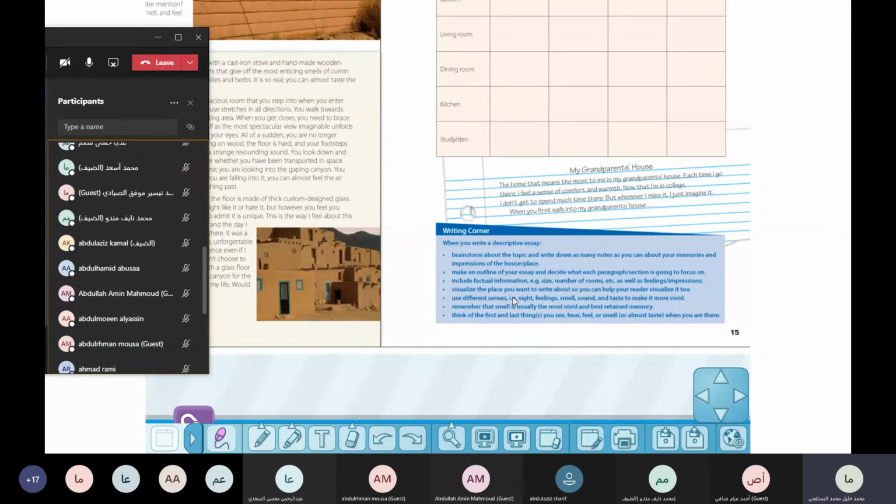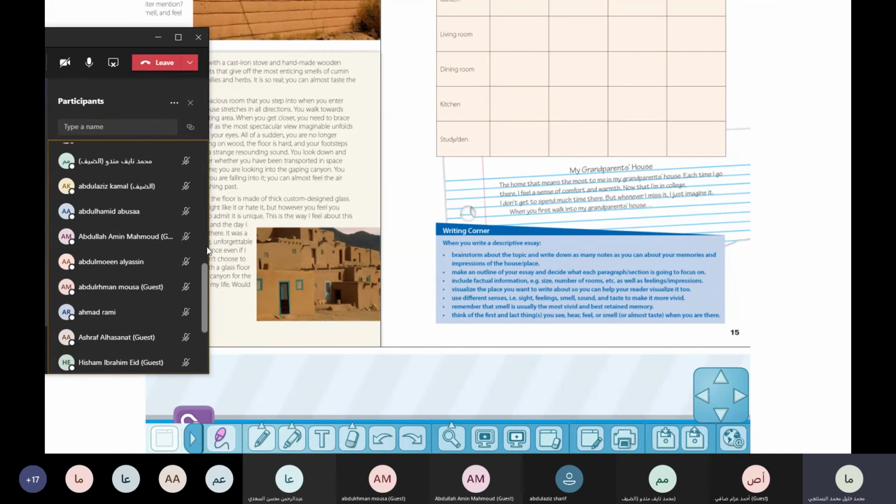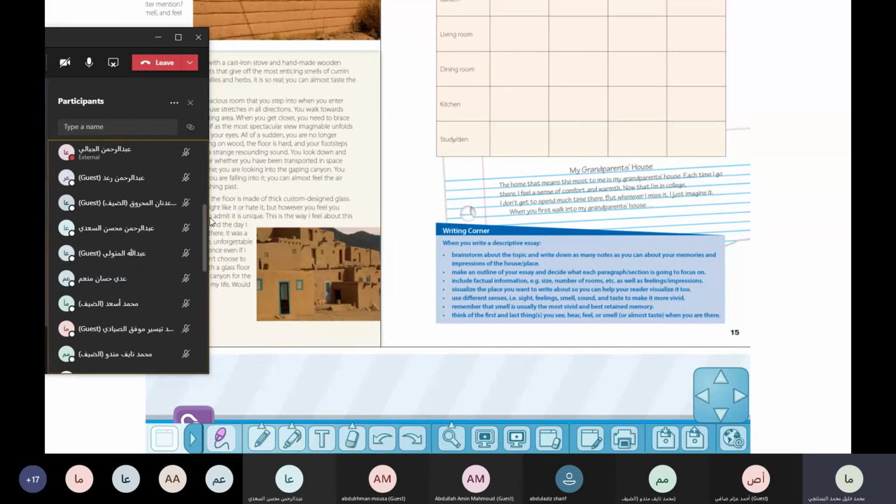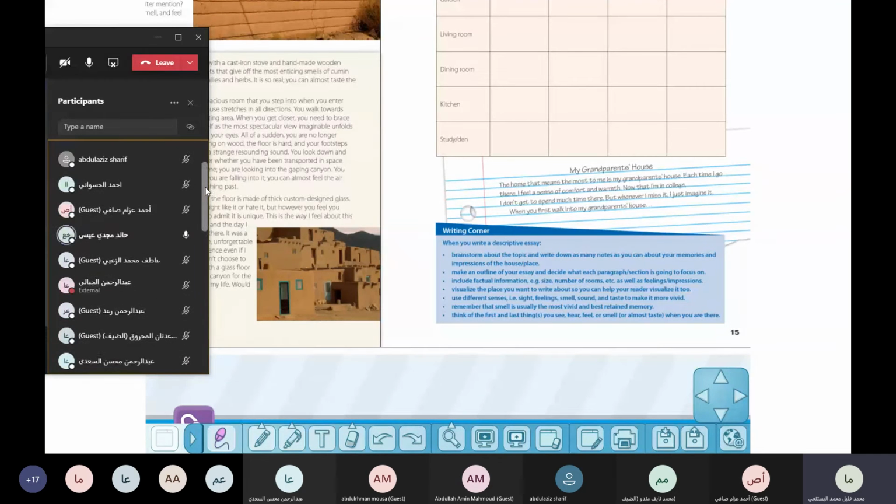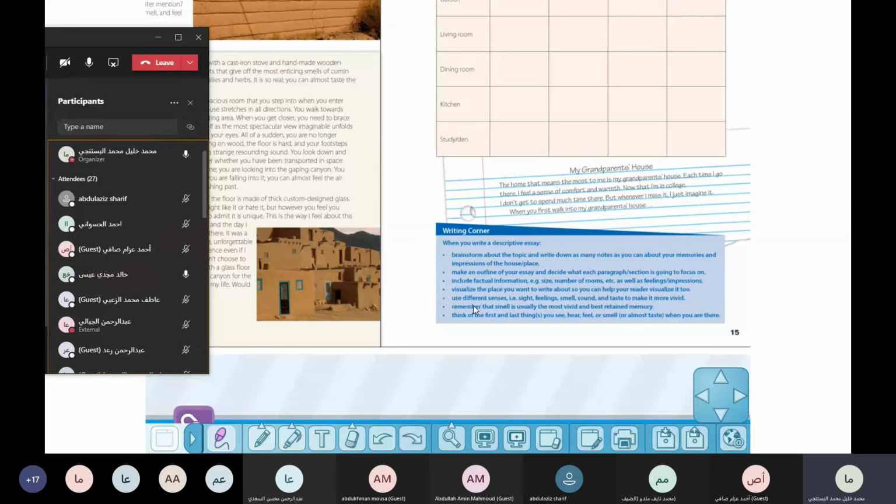Number 6, who can read number 6? Yes. Khalid, read number 6. Remember that smell is usually the most vivid and best retained memory. Good.